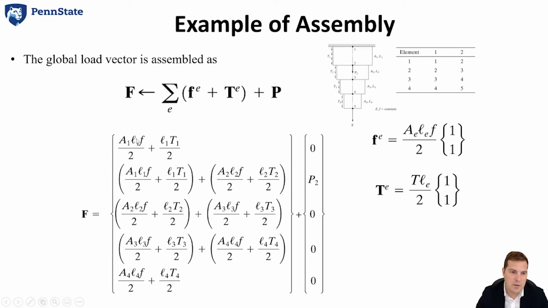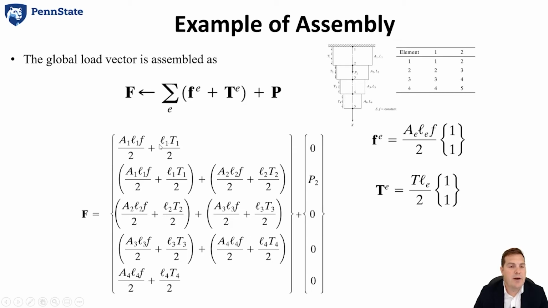Okay? So this term is basically from element 1. And then for element 2, let's do element 2 is 2 and 3. So it's A sub 2, L sub 2. So that's going to be here. Okay, the global load vector is assembled in a similar way.